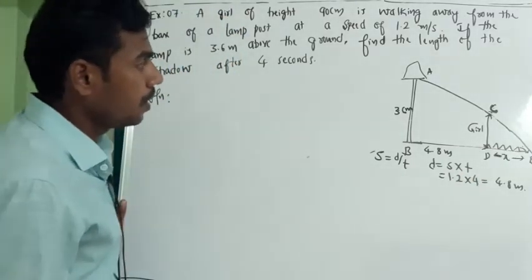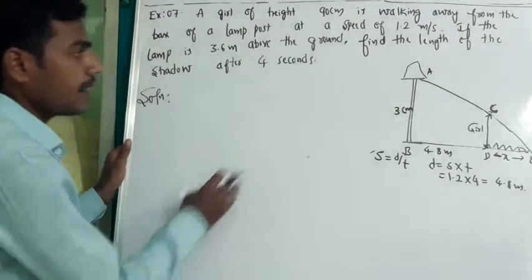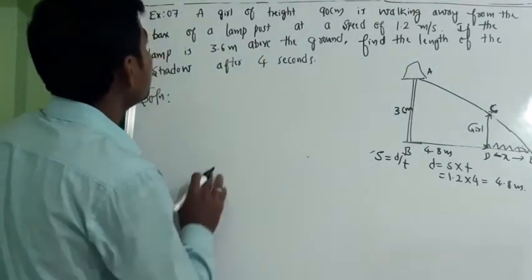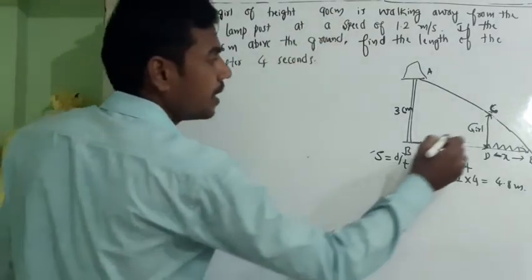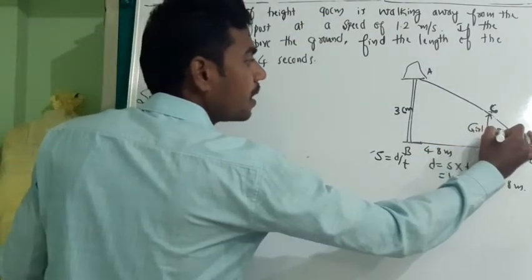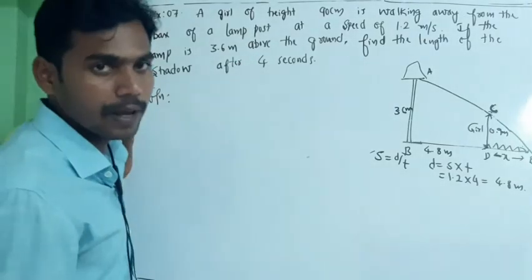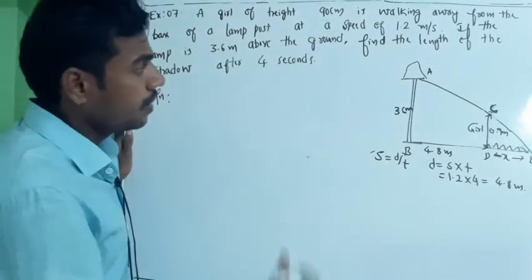Now what is the girl's height? Girl of height 90 centimeter, that is 0.9 meter. All the dimensions should be in the same unit, then only we'll be able to get the answer.